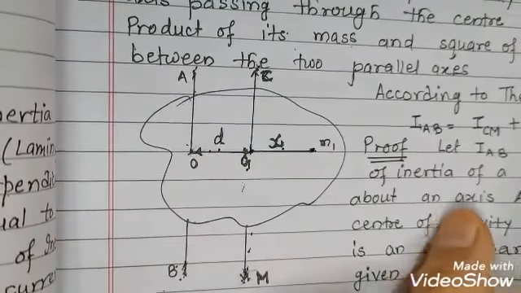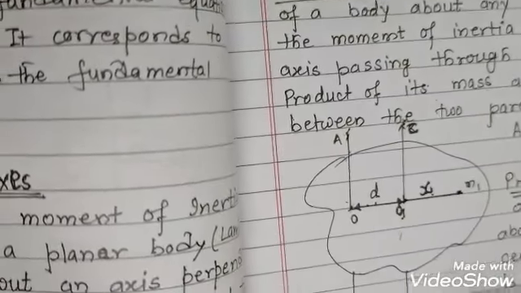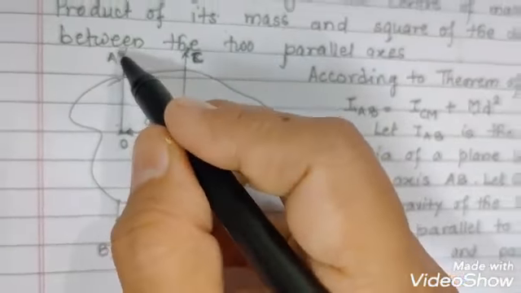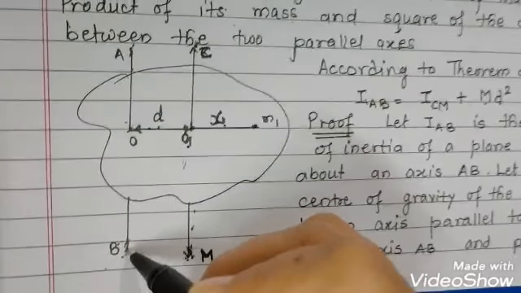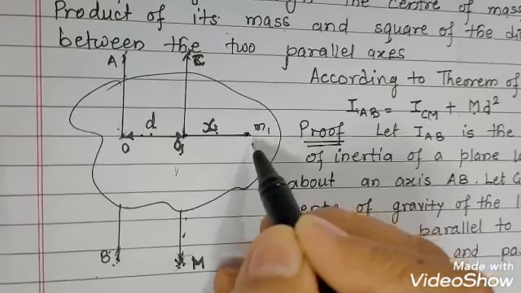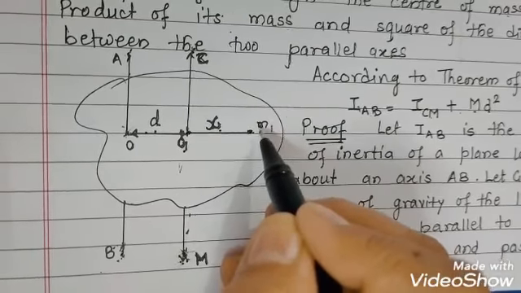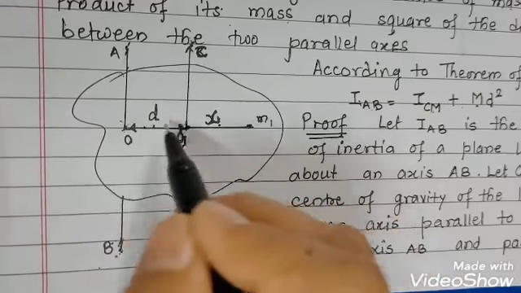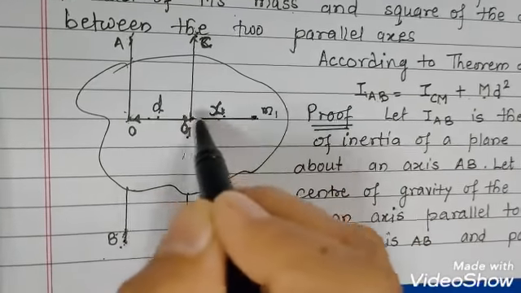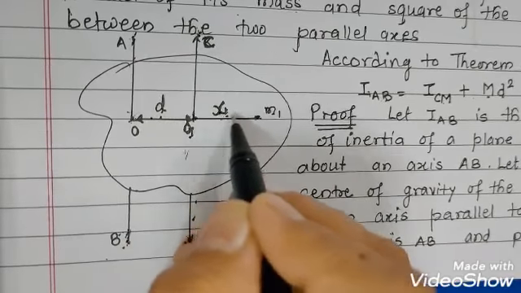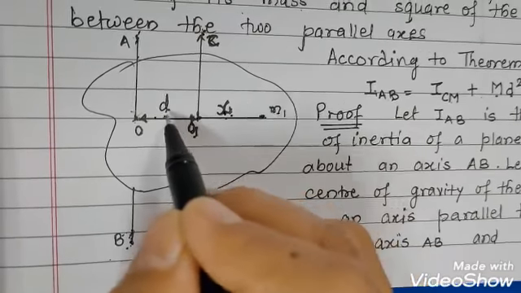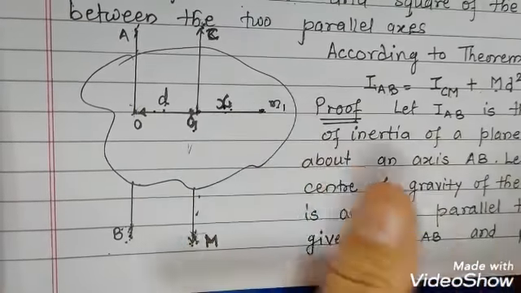So when we take the moment of inertia about AB, it must be equal to summation of m times (d plus x) the whole square, because the distance is d plus x, so we take the square of the distance.